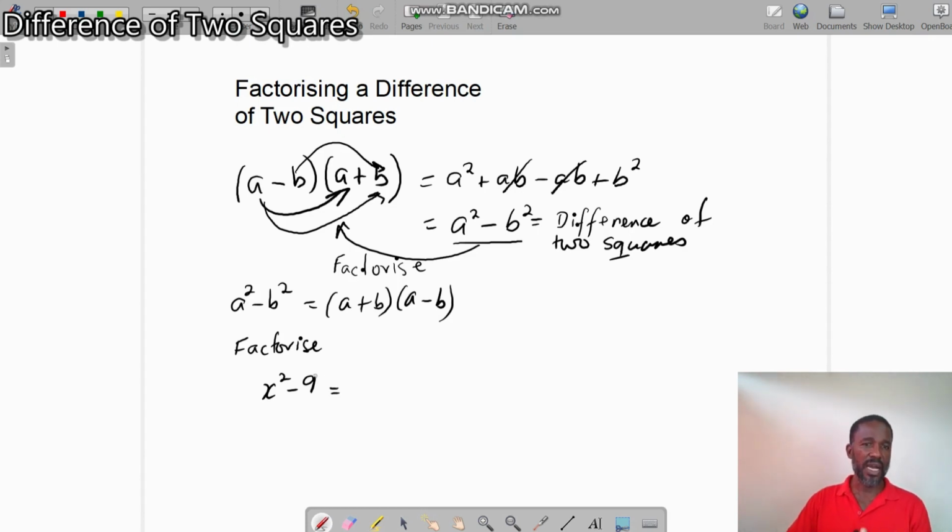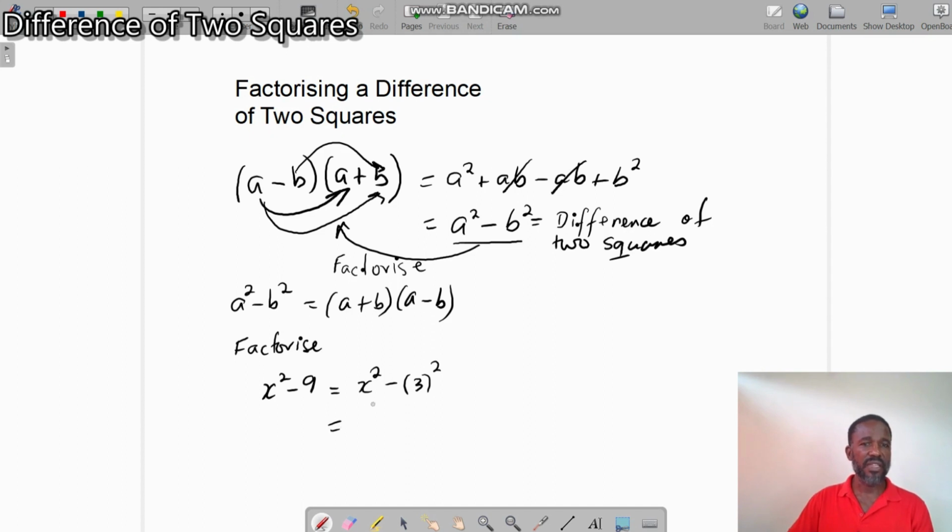So ask yourself which number will multiply by itself to give you 9. If we can identify that number, we will recognize that 3 squared will give us 9. So hence here now we have a difference of two squares. So we have x squared minus 3 squared. So that is in the form of a squared minus b squared.